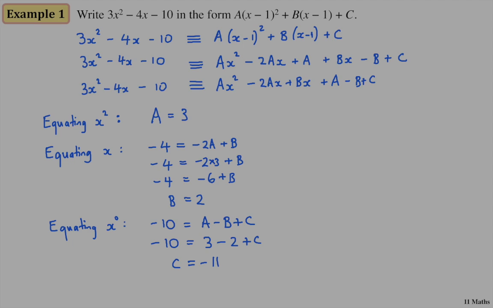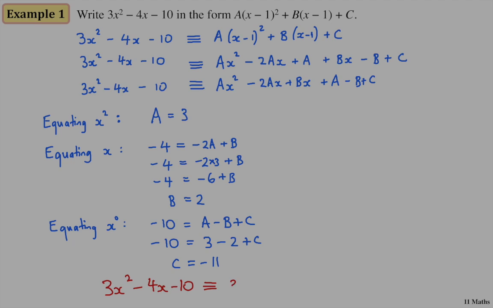So the final answer, well, the final answer is, I've got to write it in the form, is this. 3x squared minus 4x minus 10 is exactly the same as, instead of writing a, I'm going to write 3.